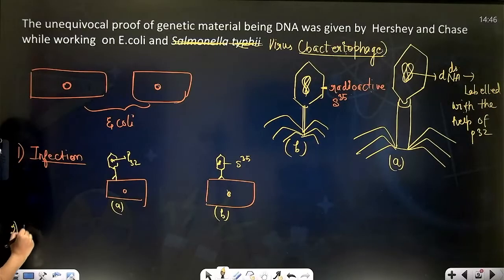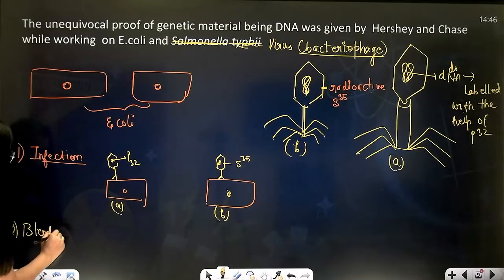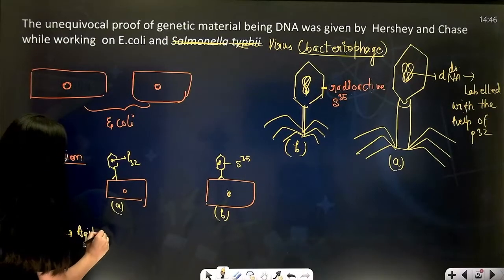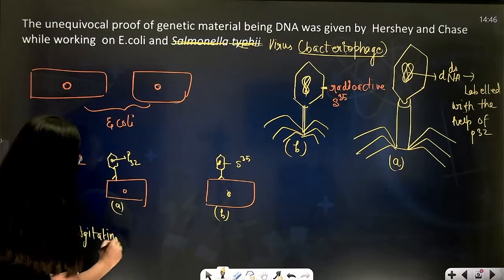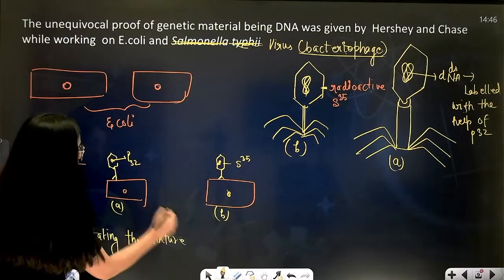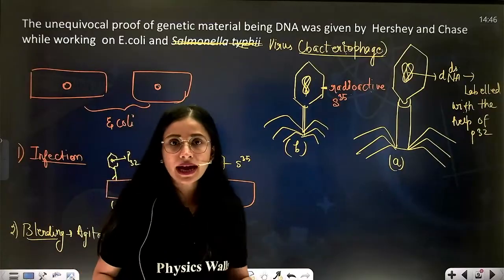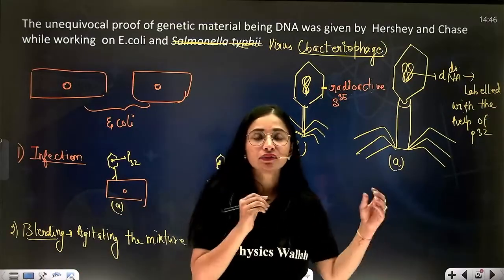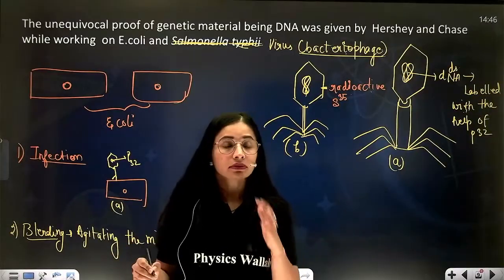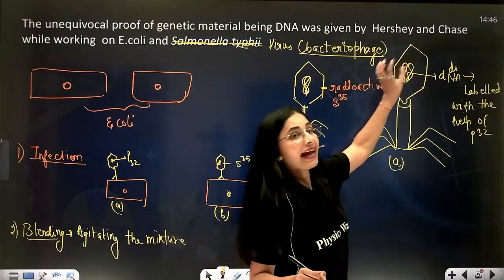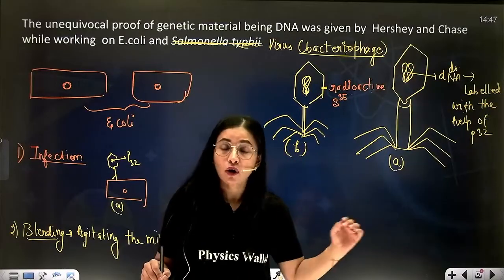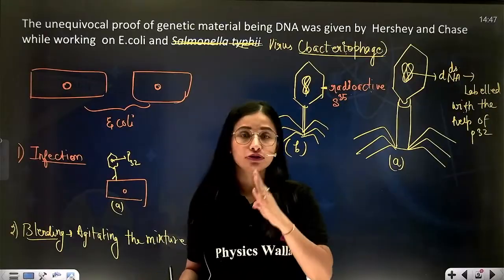Now the second step is agitating, that is blending. Agitating the mixture. Now beta, what happens as soon as the infection step is done? As soon as you allow the bacteriophage virus to attach on the body of the bacteria, what happens then? The head of the bacteriophage, along with the genetic material, also has certain enzymes like lysozyme.